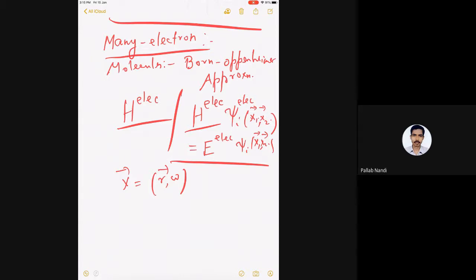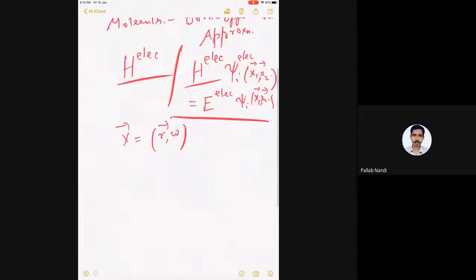Of course, nuclei will change, but this is an approximation that the electronic density and the electronic energy can be defined in the field of the fixed nuclei approximation. That essentially defines the electronic Hamiltonian as a Hamiltonian with fixed nuclear coordinates.